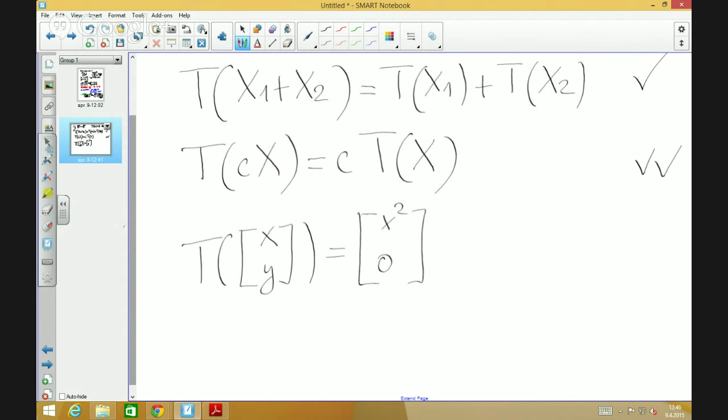It's not a line. It doesn't look like something which is linear. So let's put this understanding on a formal footing. To show that this function is not linear, the only thing you need to do is to show that it fails either this property or this property. In fact, take your pick, it fails them both.